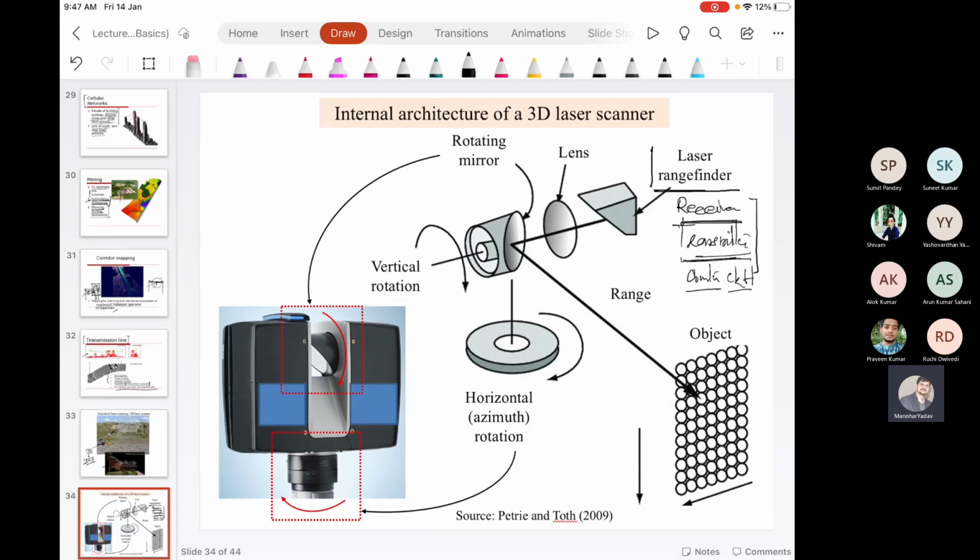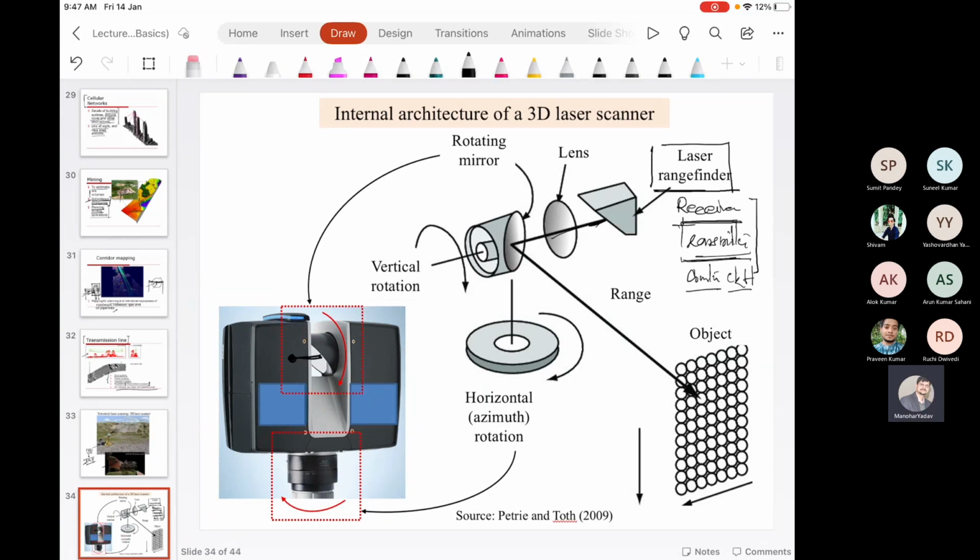Through the laser range finder, the laser beam emanates like over here. This passes through the lens, somewhere here. Internally, we have a laser range finder unit. It fires the laser beam, and this is the mirror.